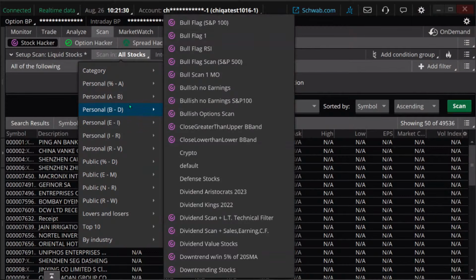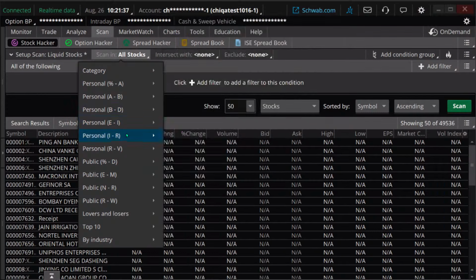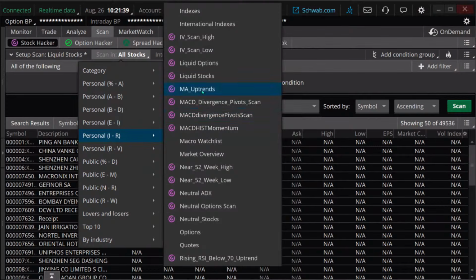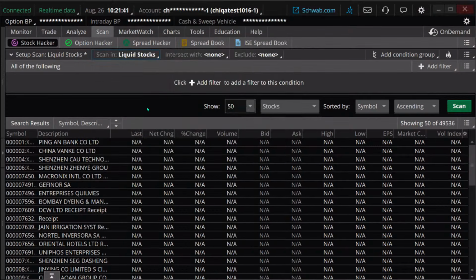You can do the same thing with the personal scans that you've saved. But for our purposes right now, I'm going to go to that liquid stock scan. Now, if you haven't already saved the liquid stocks scan, you can't use this scan, right? So you would need to save this one.